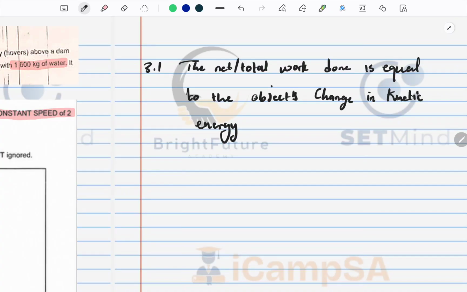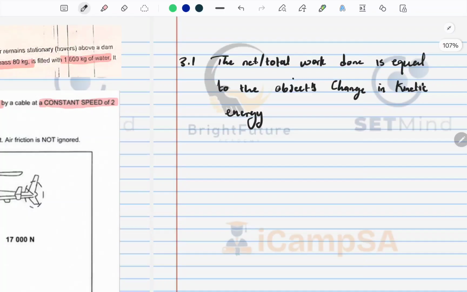Okay, so this one, find a way to put it in simple ways, but now follow the example lines. We're saying here the net or total work done is equal to the change in the object's kinetic energy.